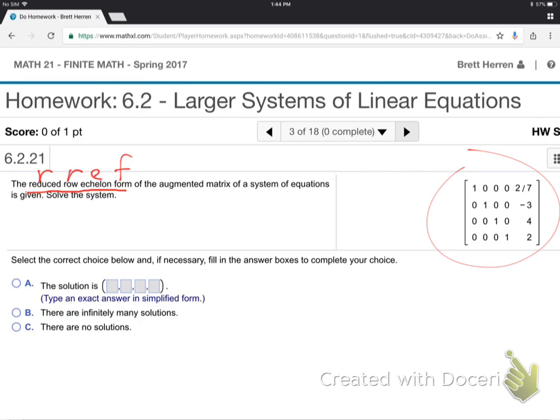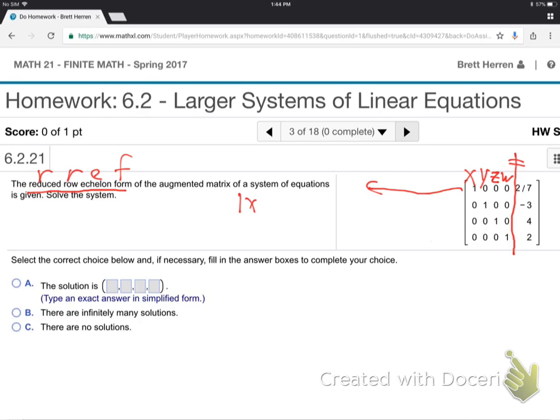Well, to read those final answer matrices, again, remember the first column is x, then y, then z, then w. This is an understood bar, which is equals, and then the numbers on the right. Just put those in. If you ever want to know what any of those matrices mean in terms of letters, just fill them in. So what's that top row saying?